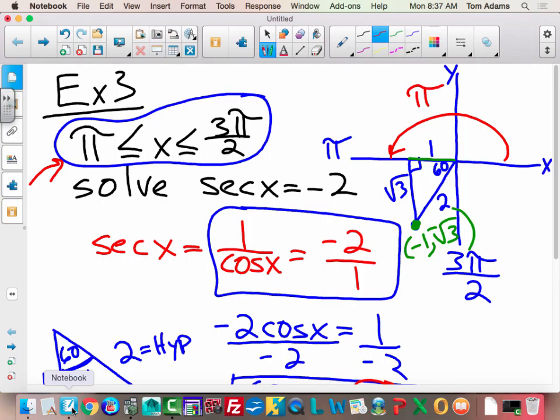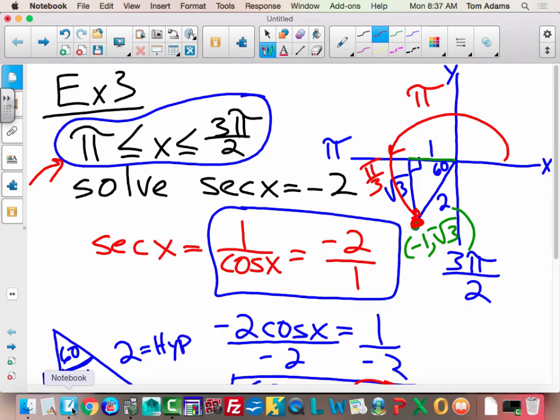Now to get to this point here, how far did I travel? Pi over 3, because I didn't come all the way around. I just stopped right here. So what's the total angle? Remember, pi over 3 is the reference angle. 180 plus 60, or pi plus pi over 3.